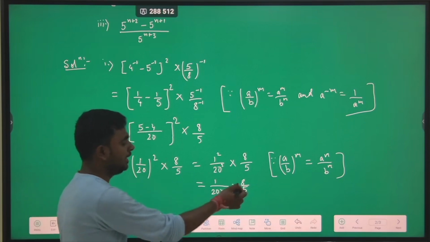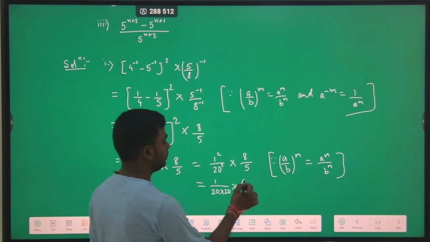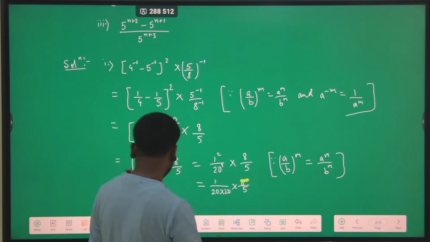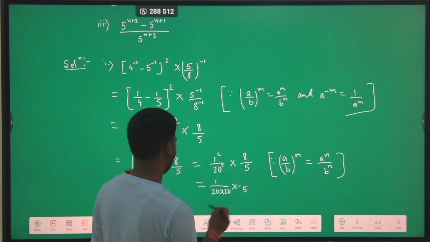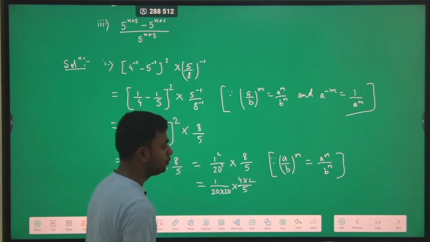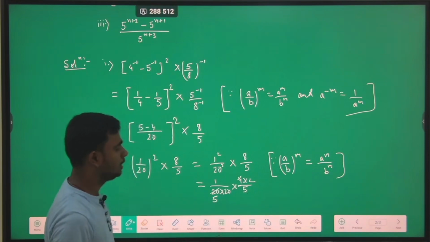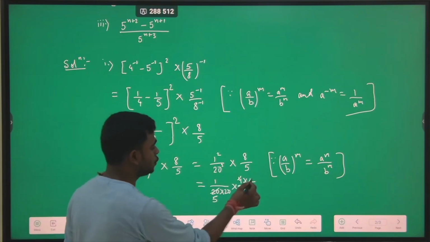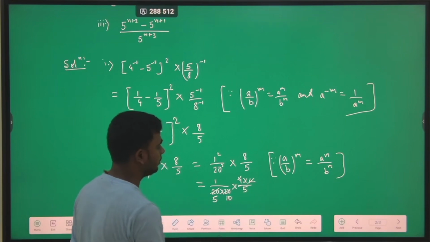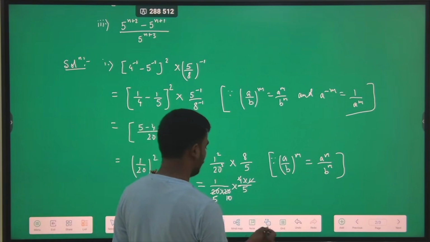So 8 can be written as 4 into 2. This 4 will divide 20 on multiplying with 5, and this 2 will divide 20 on multiplying with 10. So what will we get?